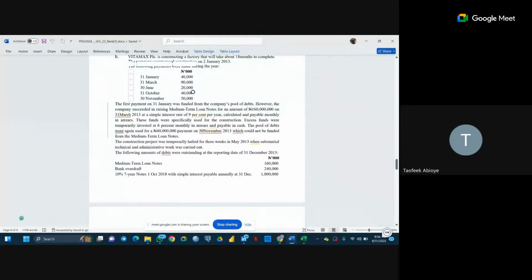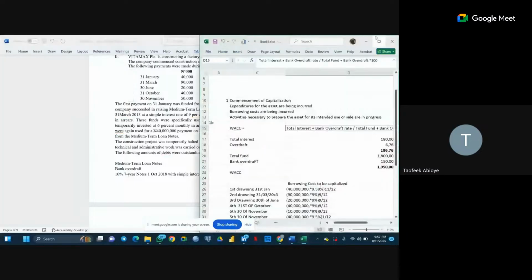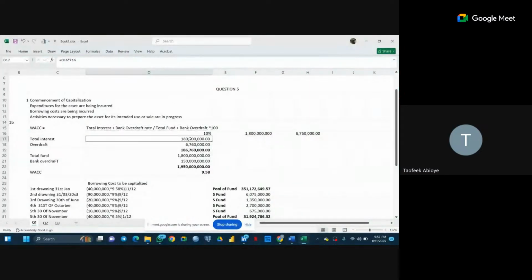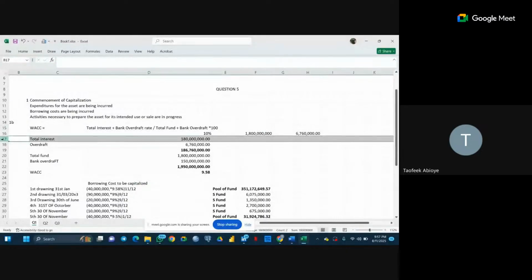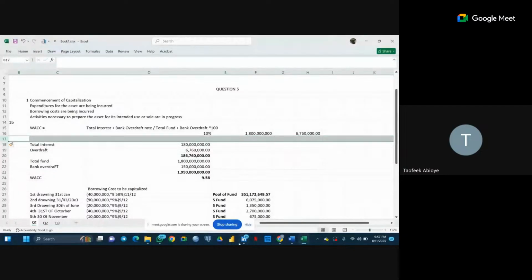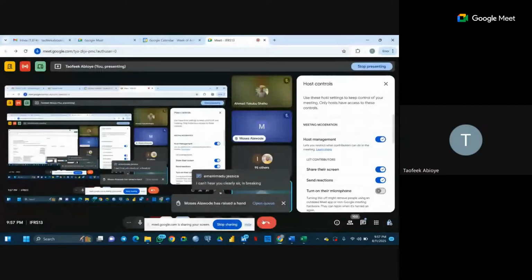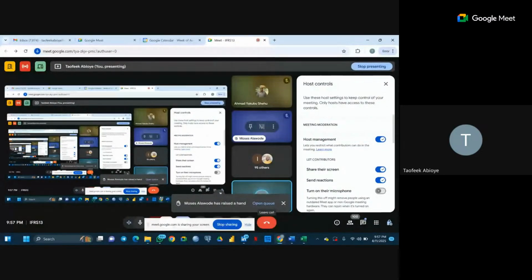Let me try and solve it for us so that you can have clarity around it. Hold on, I'm trying to solve the breakdown of that 180 million so that we can have the clarity around it.